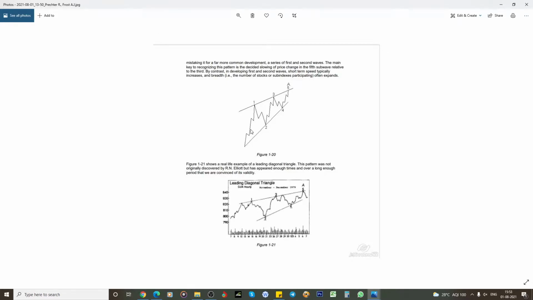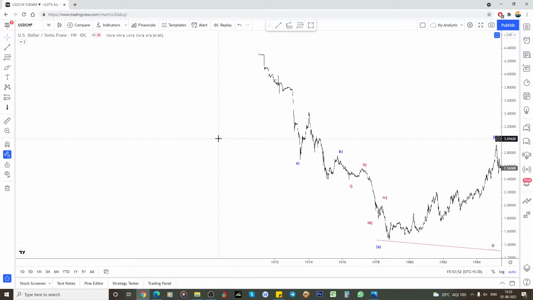But if it is 3-5, 3-5, 3-5, that is a leading diagonal. So I just cleared that wave, part A. In that top to bottom analysis I referred to the EUR/USD, right? So it's clear.